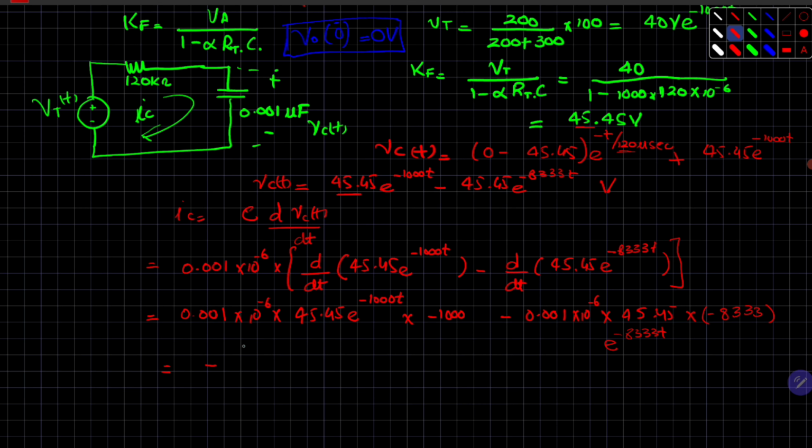We get minus 45.45 e raised to power minus 1000 t, plus, since this negative sign and this negative sign become positive, 379 e raised to power minus 8333 t, and this whole thing into 10 raised to power minus 6, which we can write in microamperes. So this is how we calculate the current and voltage of a circuit having a forced exponential waveform.